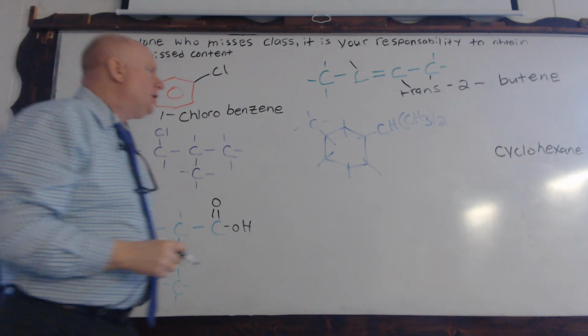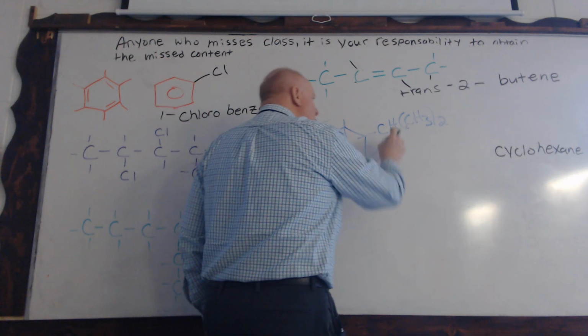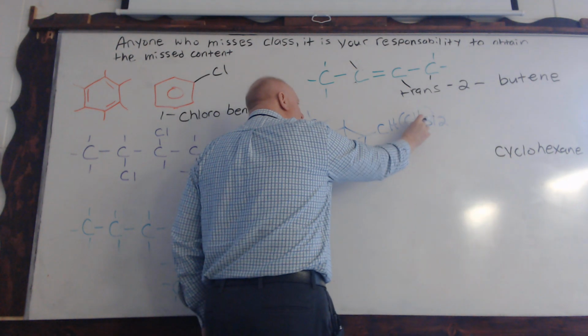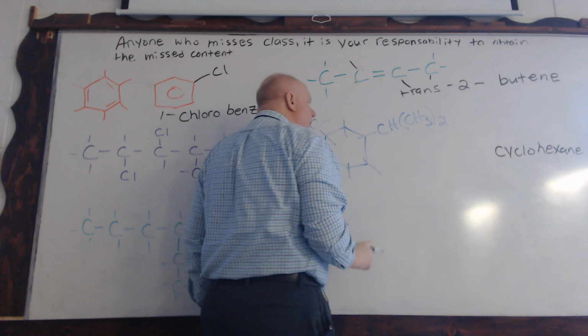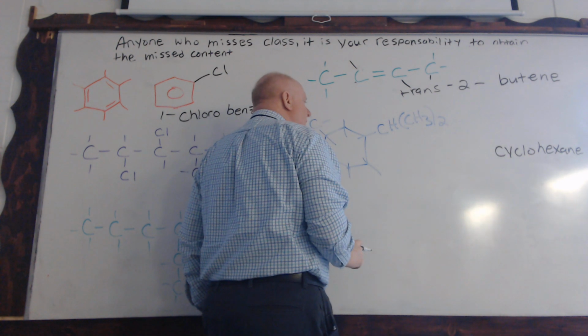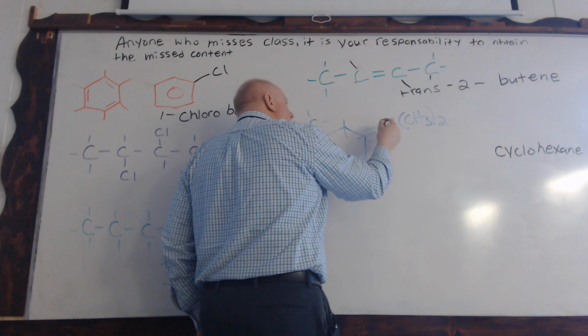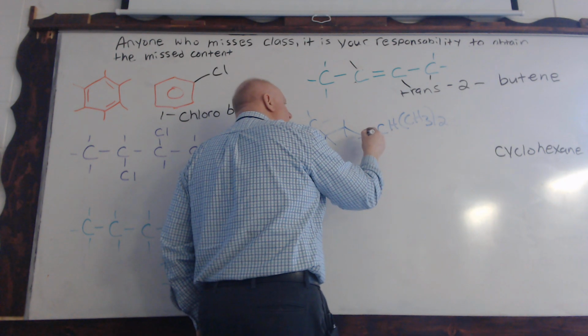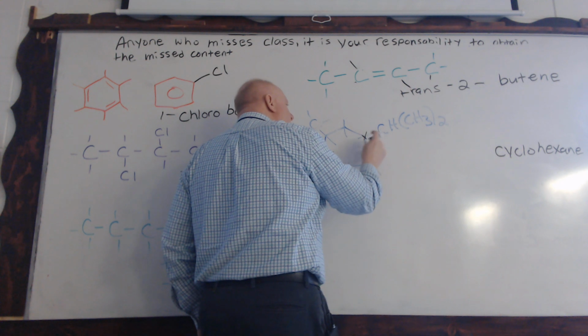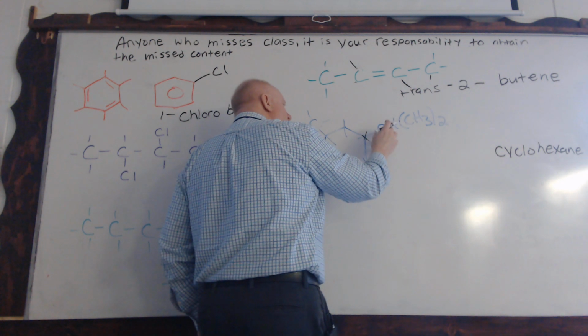Okay? So then what this means is this is probably the preferred way that a lot of chemists would write this. Okay? So let's look at this and say, remember, we would say that X marks the spot, where this derivative is bonding. Okay?